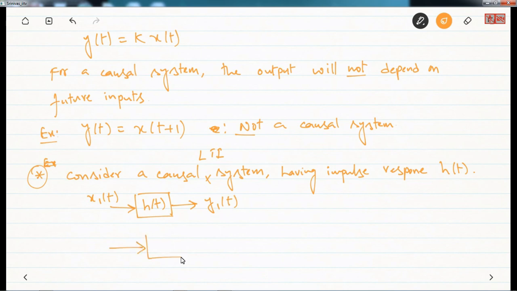Now let's imagine the same system with a different input x2 of t, and its output is y2 of t.